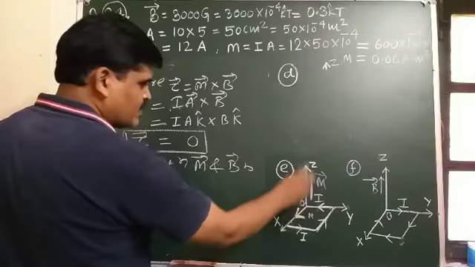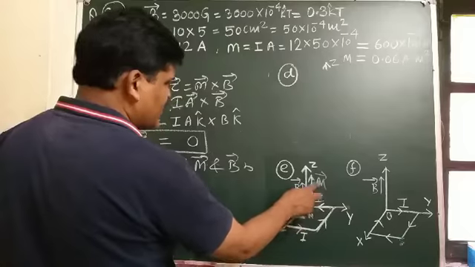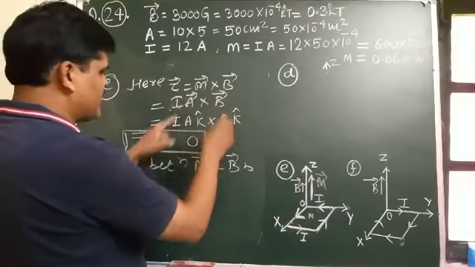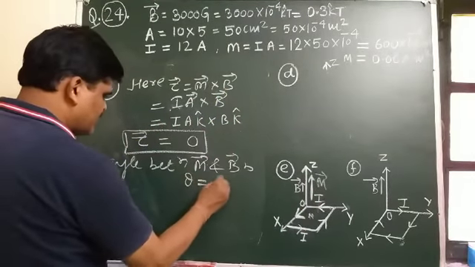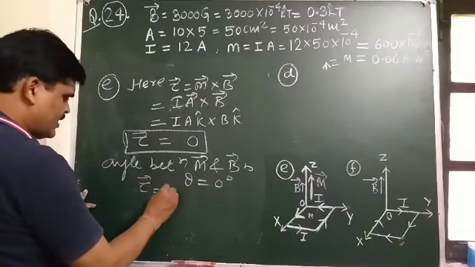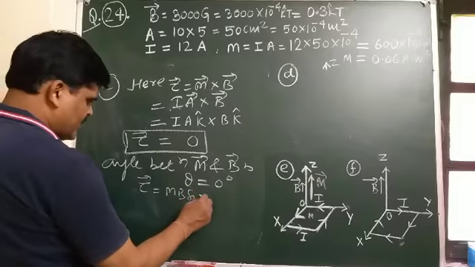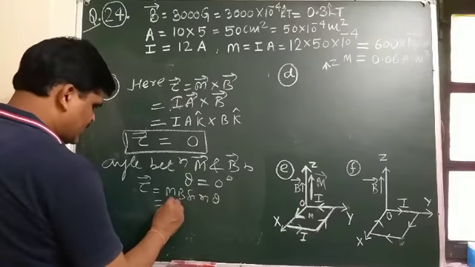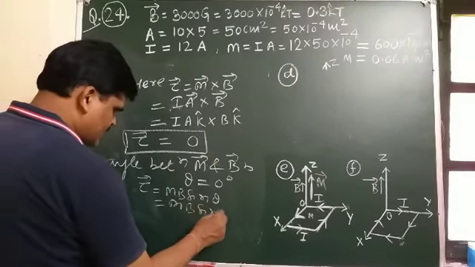Both are in the same direction: the direction of magnetic moment and the direction of magnetic field are the same. So theta is 0. And already you know that tau is equal to M B sin theta, that is M B sin 0.